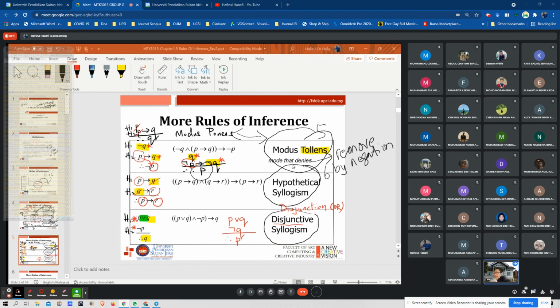If you are told that either P or Q is true, and P is false, then Q must be true. Here, P or Q is hypothesis 1, hypothesis 2 is not P, and the last one is Q. Same goes for P.